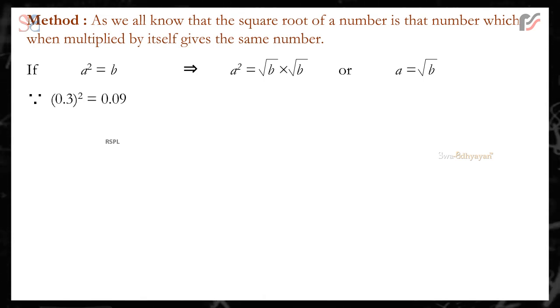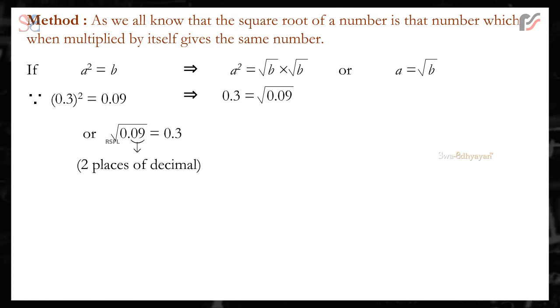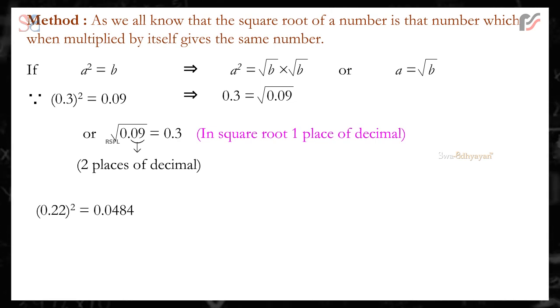Because 0.3 whole square is equal to 0.09, this implies that 0.3 is equal to under root 0.09, or under root 0.09 to two places of decimal is equal to 0.3 in square root to 1 place of decimal.